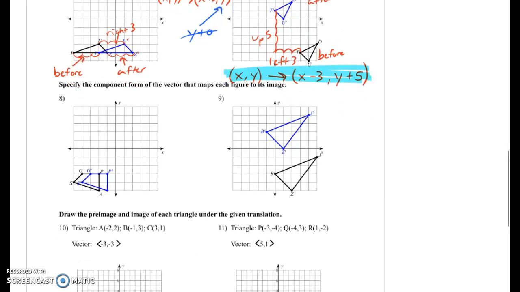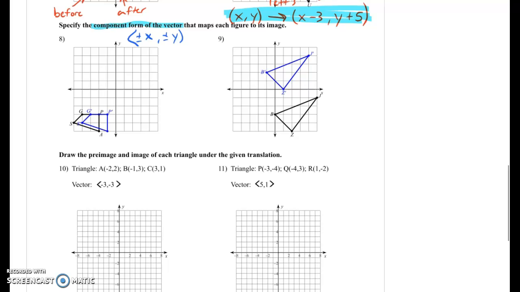For item 9, it says specify the component form of the vector that maps each figure to its image. And remember, that is this form where it's just plus or minus your x shift and plus or minus your y shift. So this one is my before, this one is my after.